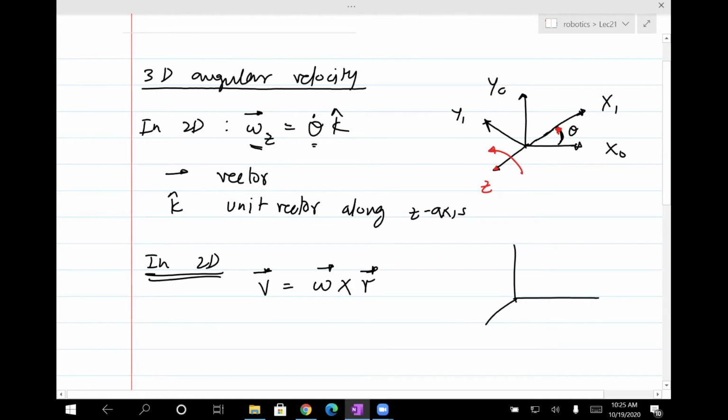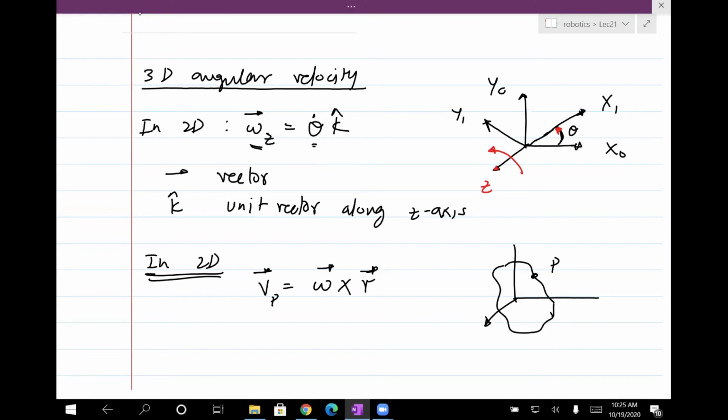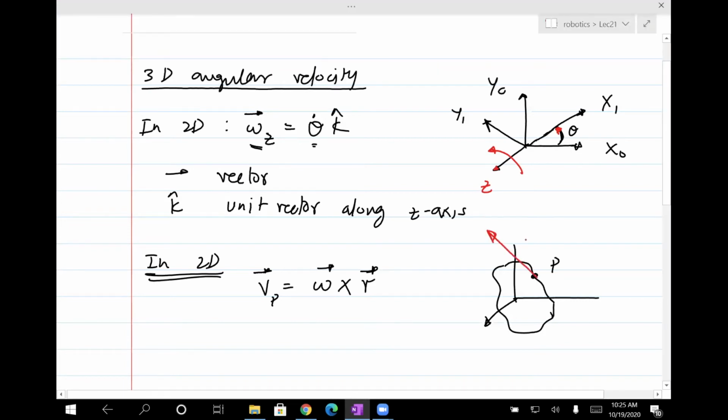If you have a rigid body and a point P, and you want to find its linear velocity when it's rotating or spinning by an angular speed omega, and r is the vector which gives the position of point P from the origin, then the velocity is always given by the cross product. Okay, what does the cross product do?